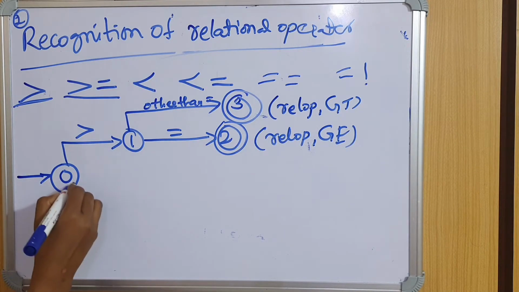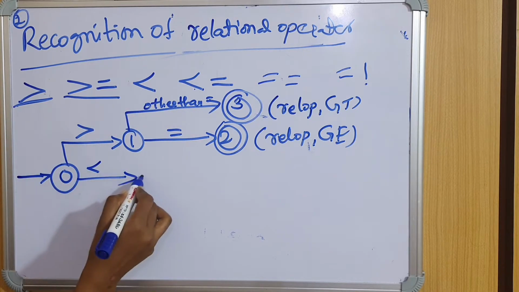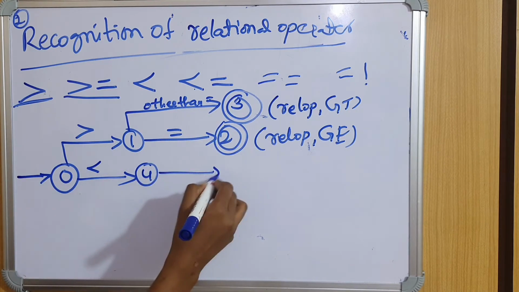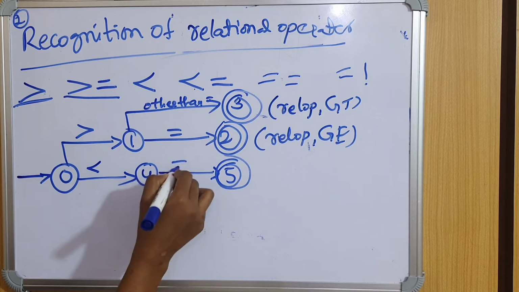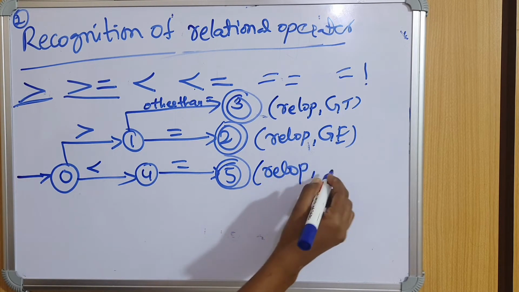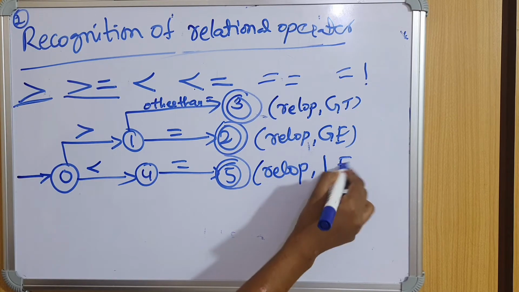Next, what is the next one? You consider less than or equals to. Less than, 1 2 3 finish. Now take 4, next 5, equals to, less than or equals to. What can you write? Relational operator less than or equals to.